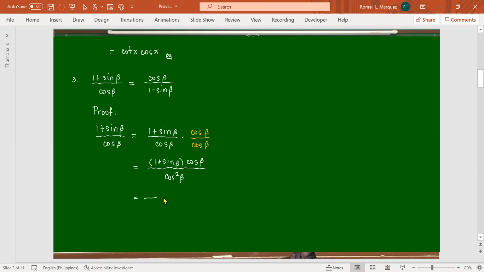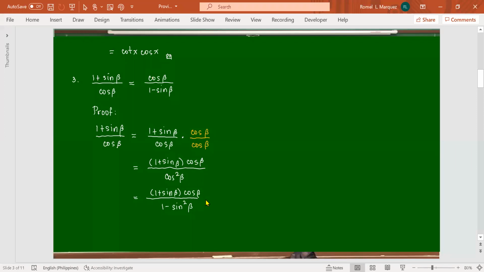So replacing that by that identity. What's the identity for cosine squared beta? That is 1 minus sine squared beta, from one of the Pythagorean identities. So copy the numerator. We have 1 plus sine beta, and be sure you make cosine beta as is, no?